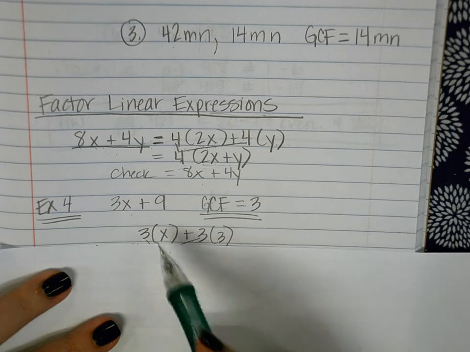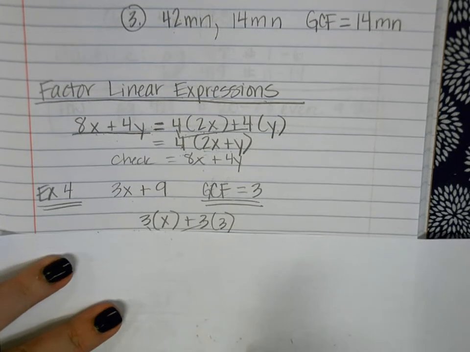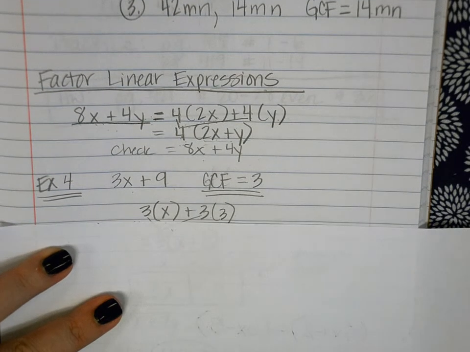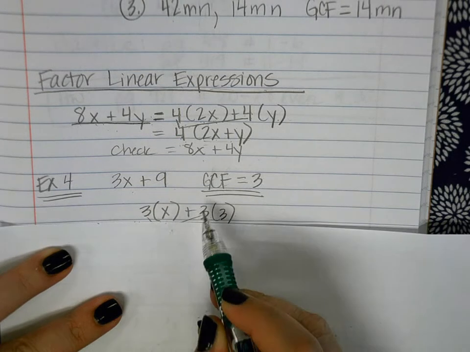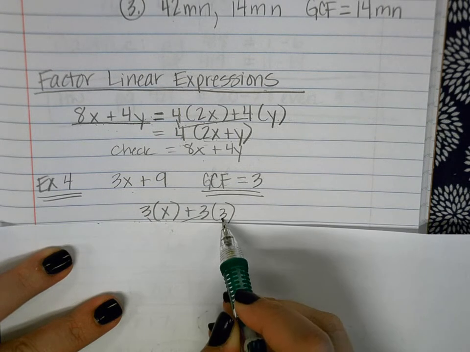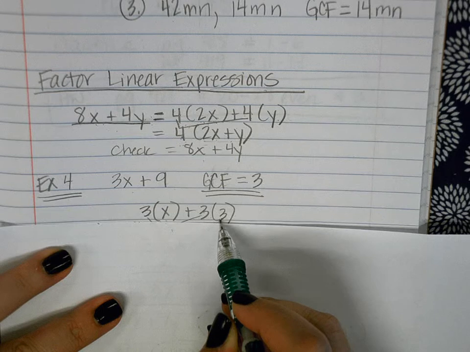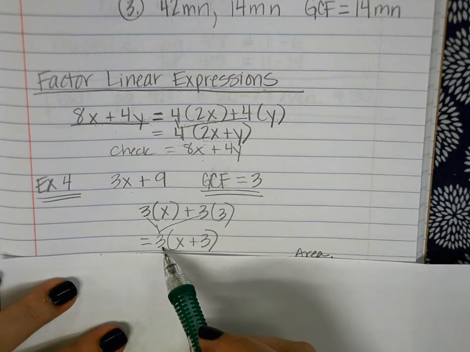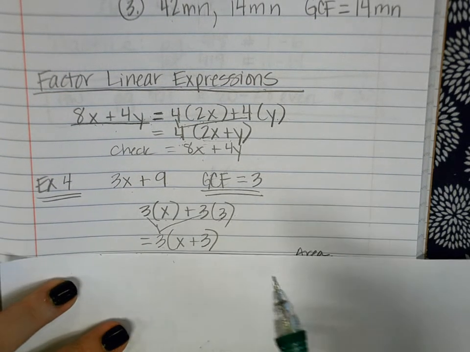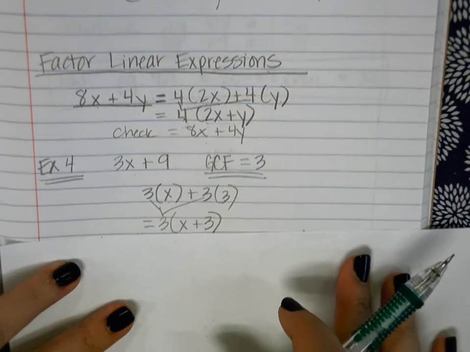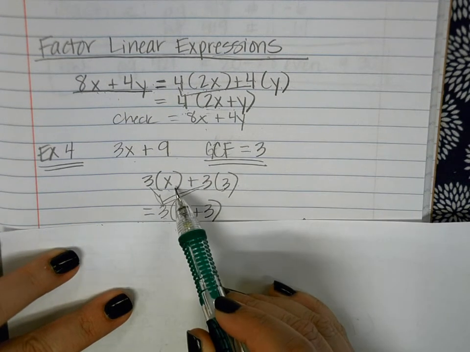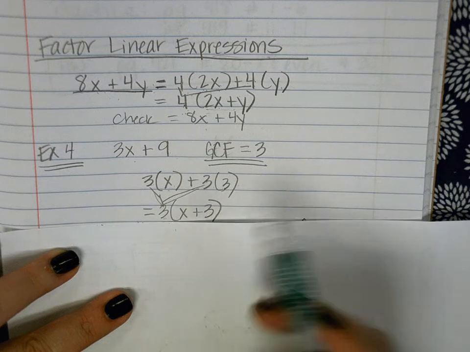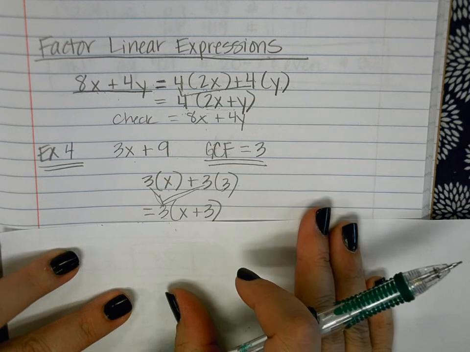And now I can take the 3 and put it on the outside. So what will be on the inside of the parentheses? x plus 3. Take the 3 out. There's a pair. Rewrite the parentheses. Yeah, it takes some work.